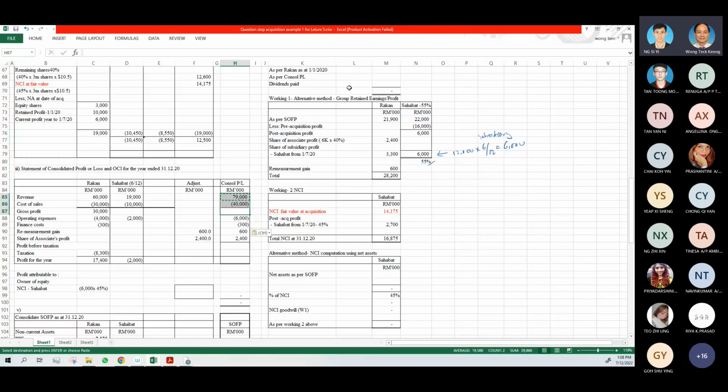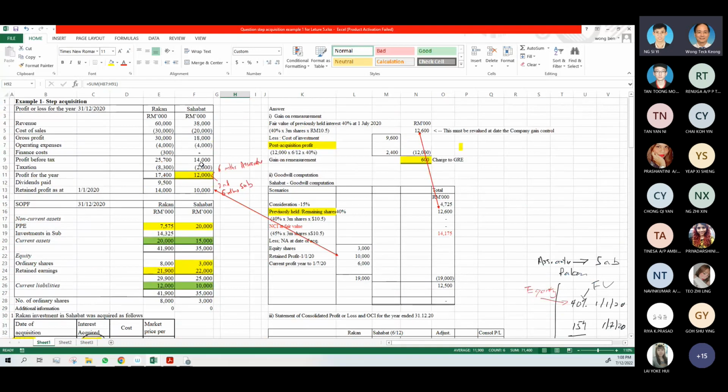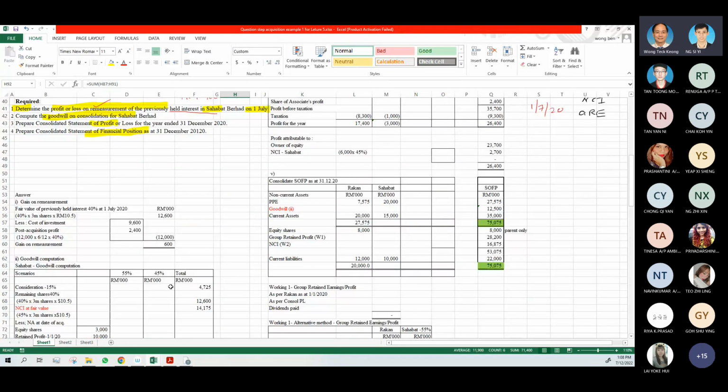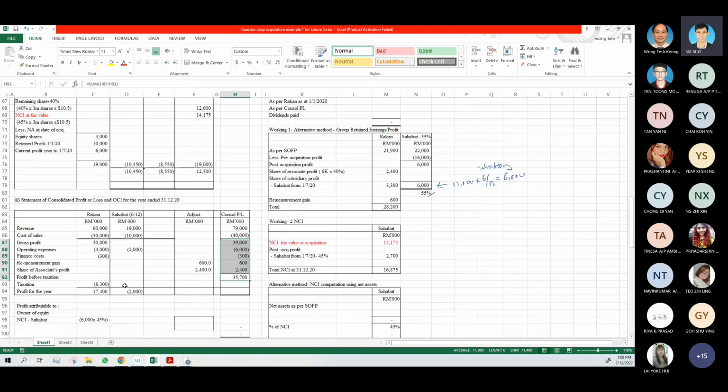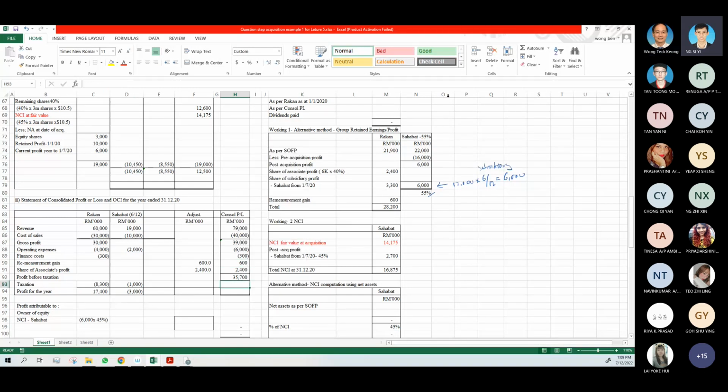So get cost of sales. Profit before tax. So taxation 2,000. So you get 1,000, half of it. So you get the cross. Just use formula, easier.